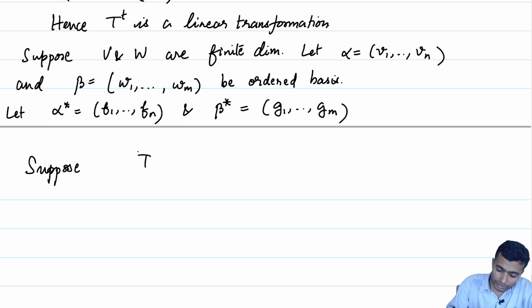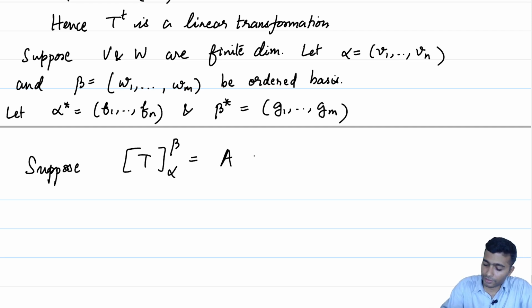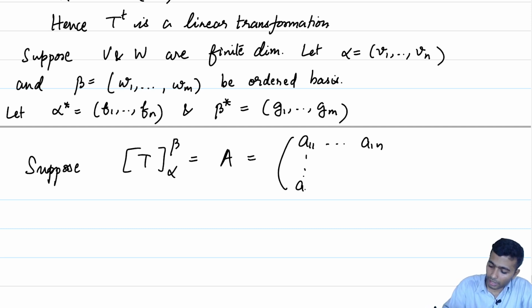Suppose the matrix of T corresponding to alpha, beta is a matrix A, which is given by A11 to A1n down to Am1 to Amn.